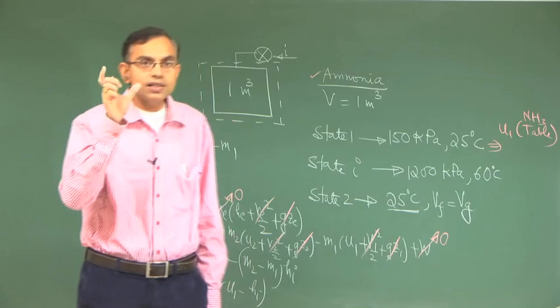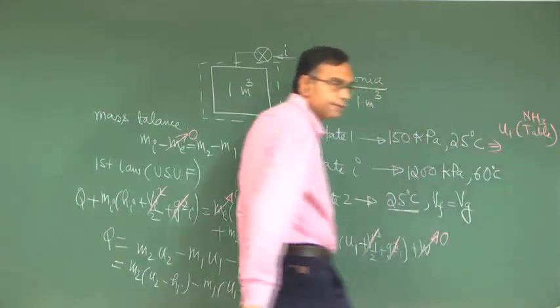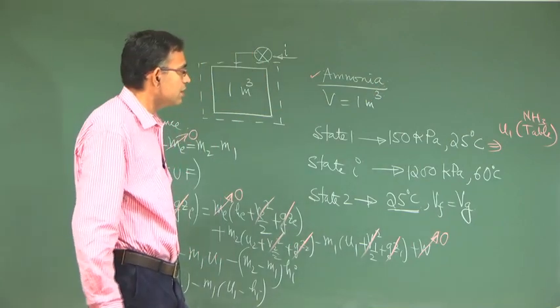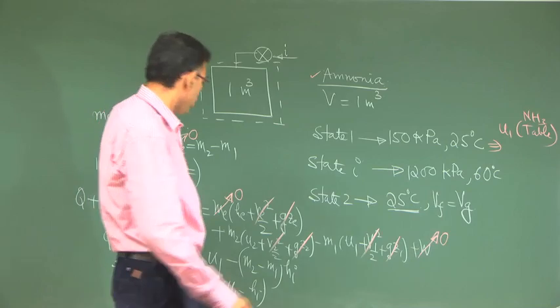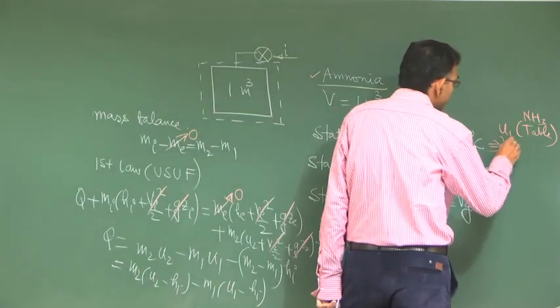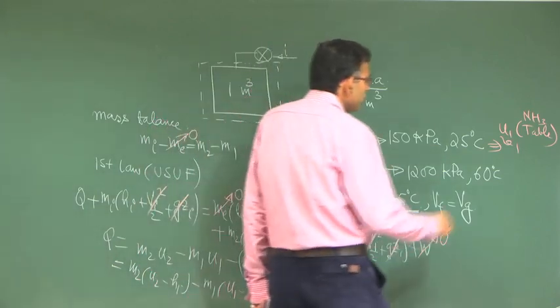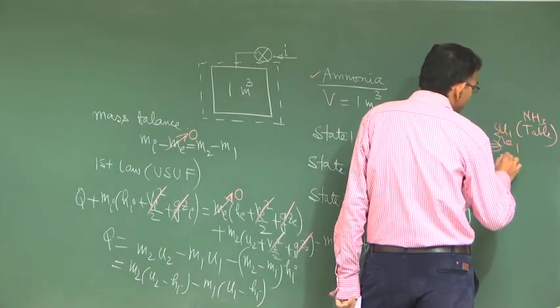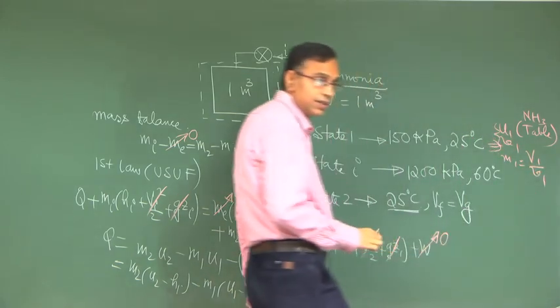So, look into what the fluid is, and enter the corresponding table. So, identify the state, get U1, and you also require specific volume at state 1 because you require mass. So, these two you get from the table. So, mass is volume by specific volume.